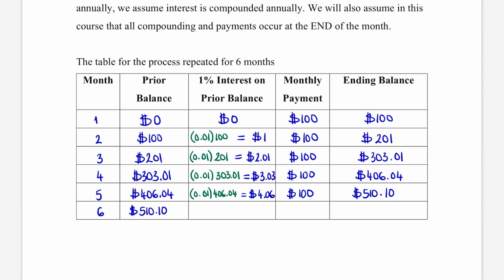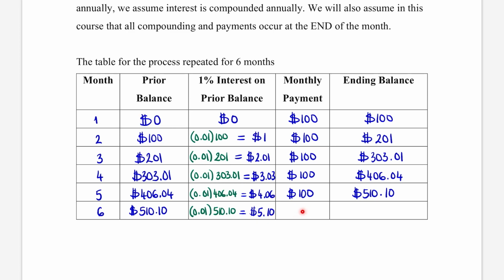The interest will be 1% of 510.10. So I'll take 0.01 times 510.10, and I get $5.10. Again, round to two decimal places because we're working with money.